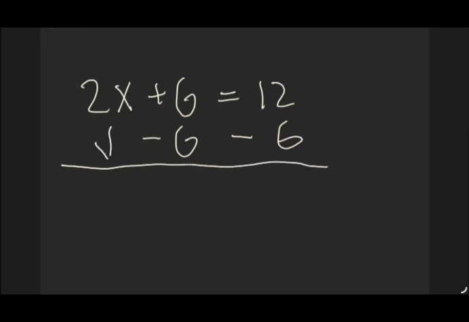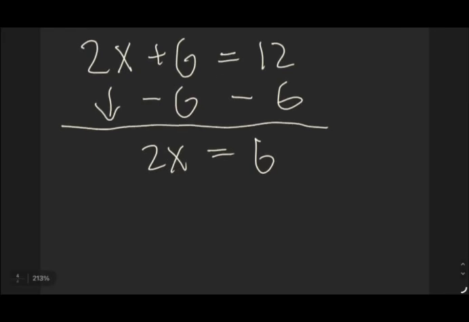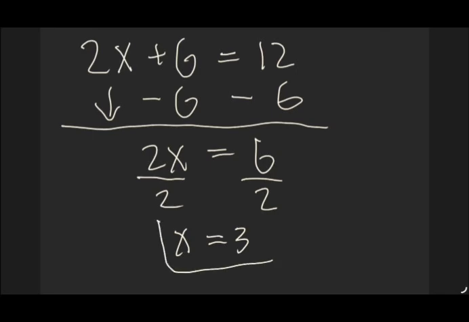Bring 2x down. 2x is equal to 6. As you can see here, x is currently not by itself, so we gotta continue isolating it. The next step is to divide by 2 on both sides. x is equal to 3. And there we have it. x is equal to 3.